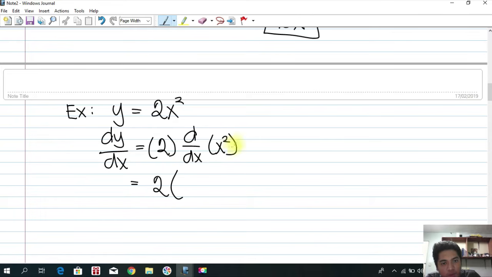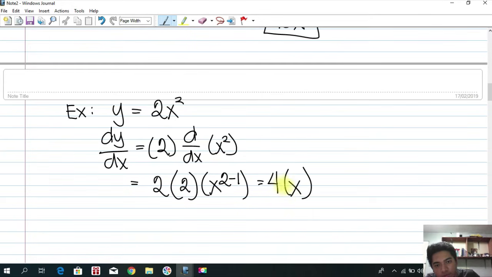By the power formula, we get the exponent, we multiply it, and then the original function, x raised to 2 minus 1, that will be equal to 2 times 2, that is 4, times x. 2 minus 1 is x raised to 1, or in other words, x, so that we have the answer 4x.